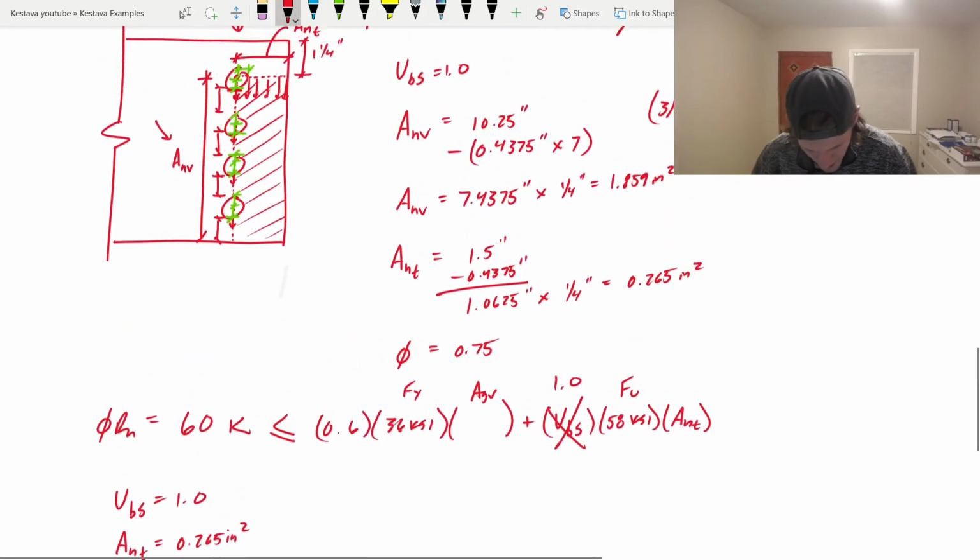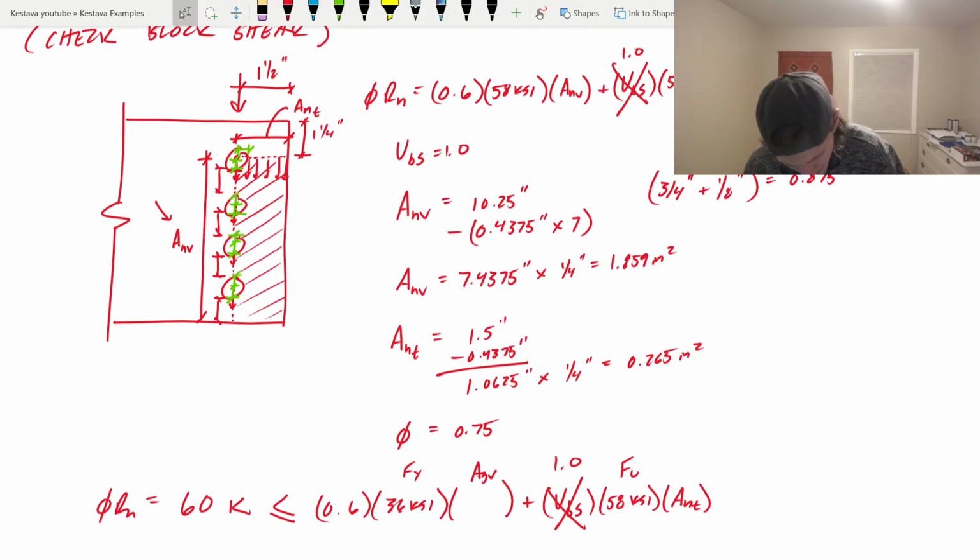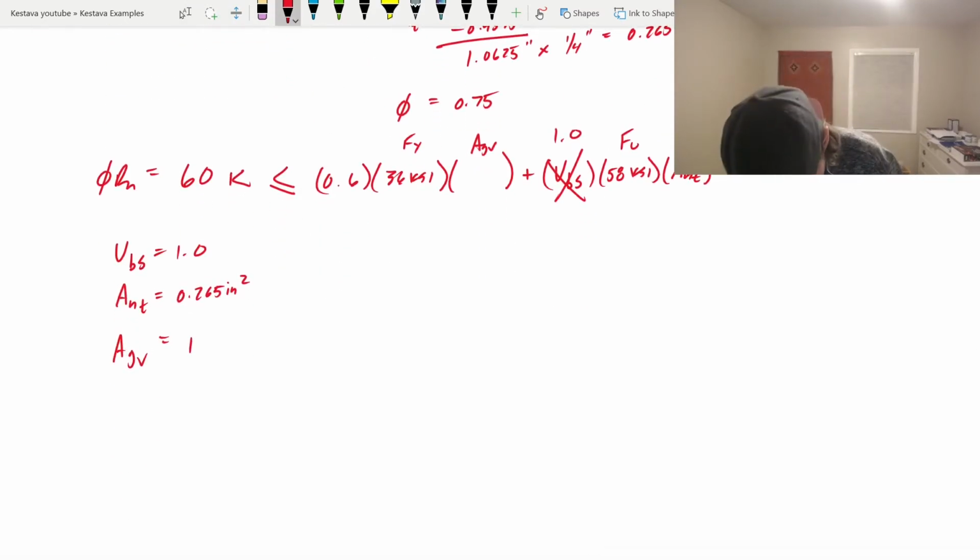Well, AGV, if we go back to the top, it is the same thing as ANV, except you don't subtract out any of the bolt holes for this. So this is just the total area of steel for that block shear failure mode, which means that it's simply 11.5 inches, the depth of the steel plate, minus 1.25 inch.